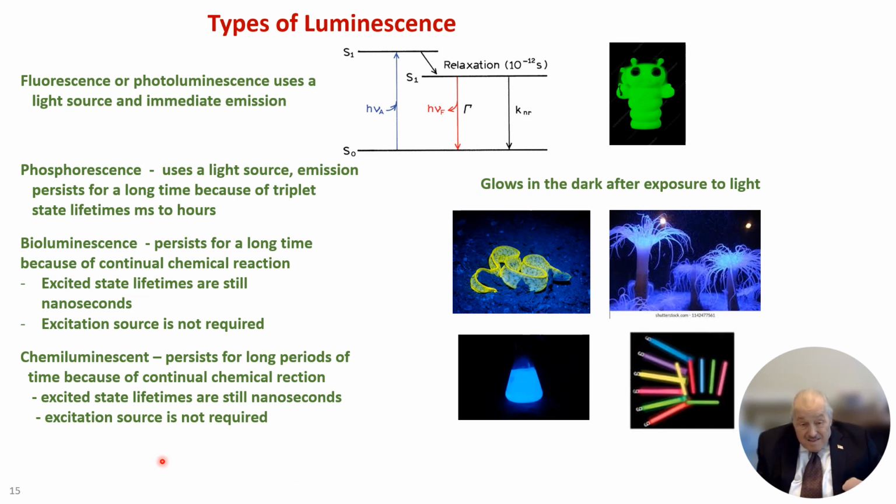So this is the same thing. It's a continual chemical reaction. The species that is generated still emits in nanoseconds, but in neither of these cases is there an external excitation source. The excitation source is the chemical reaction.